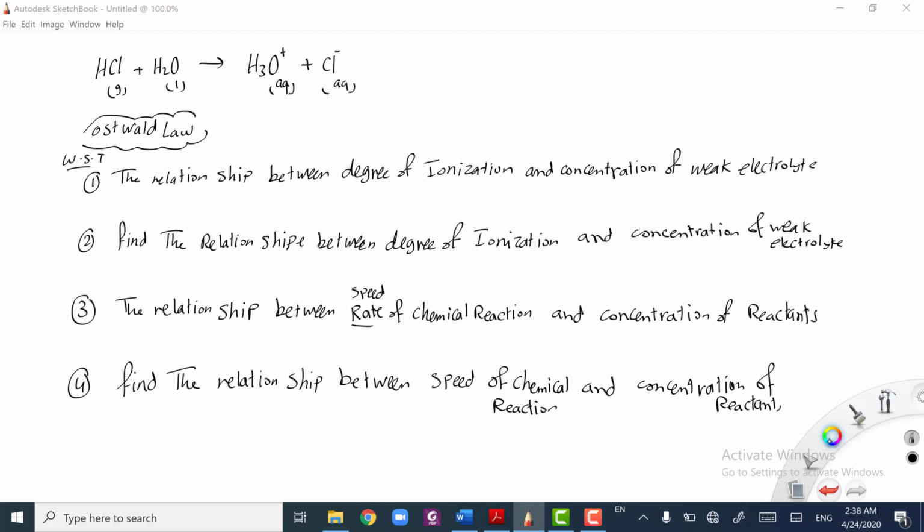The answer: the relationship between the degree of ionization and the concentration of the weak electrolyte is called Ostwald law.